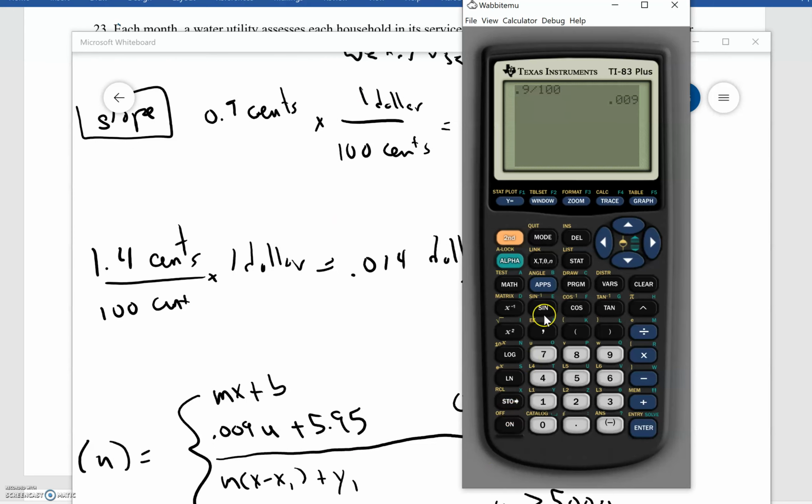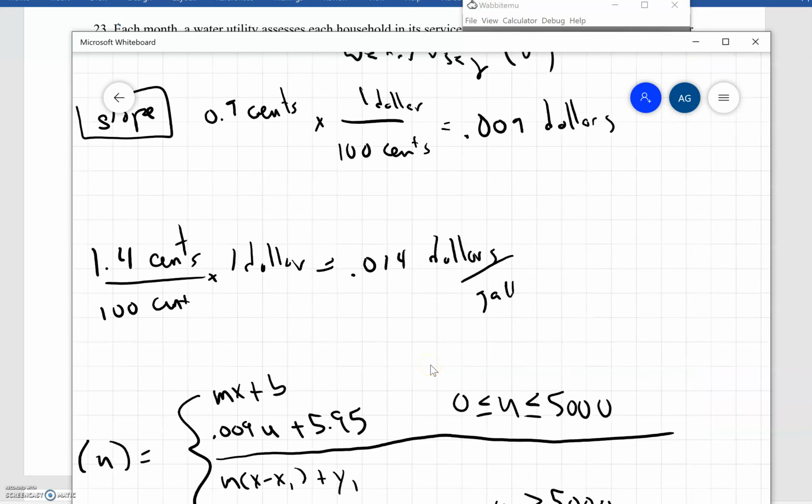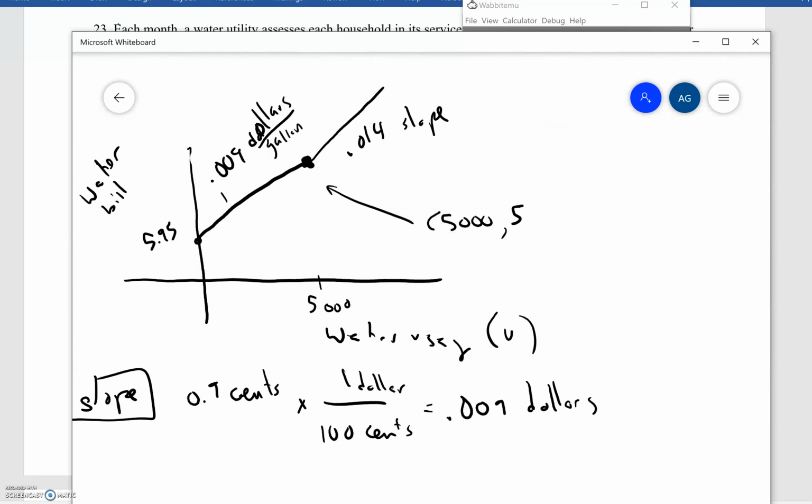So that would be 0.009 times 5,000 plus 5.95. And that's 50.95. And that'll be my x1, y1 for piece 2.